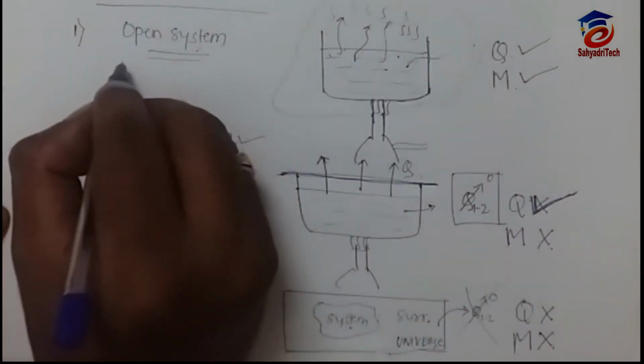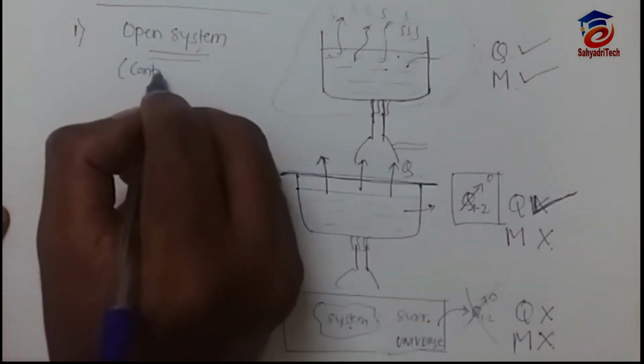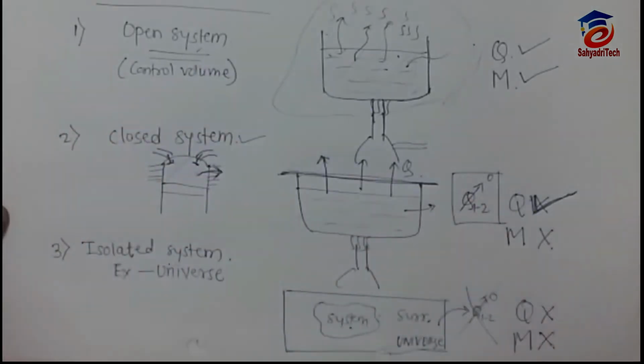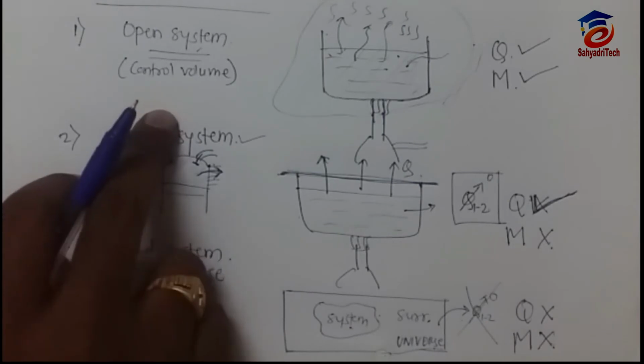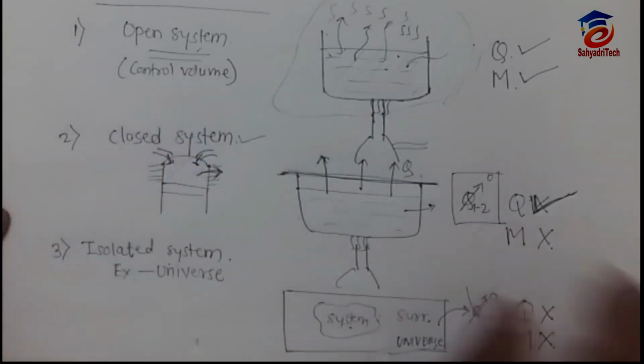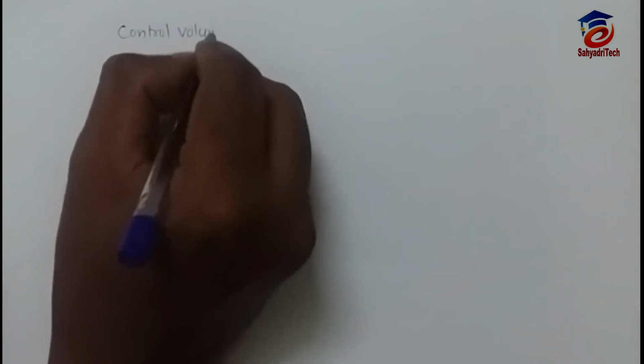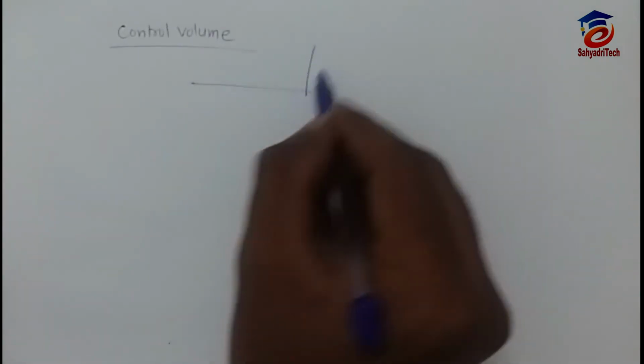Also there is one concept, that is control volume. This is also interesting. For the online exam they ask what is control volume. Now see, what is control volume? We studied this application in the last lecture.